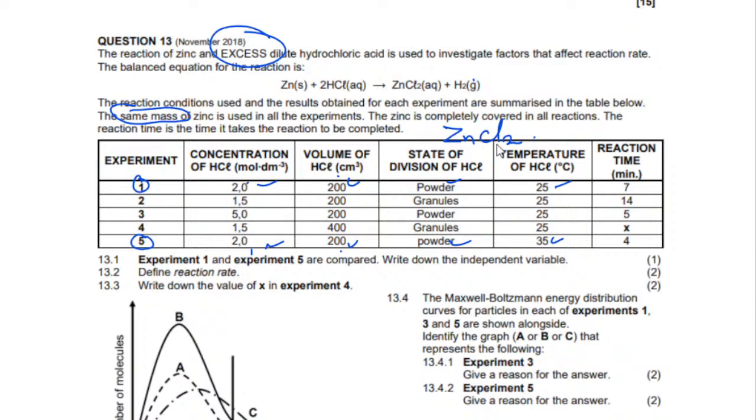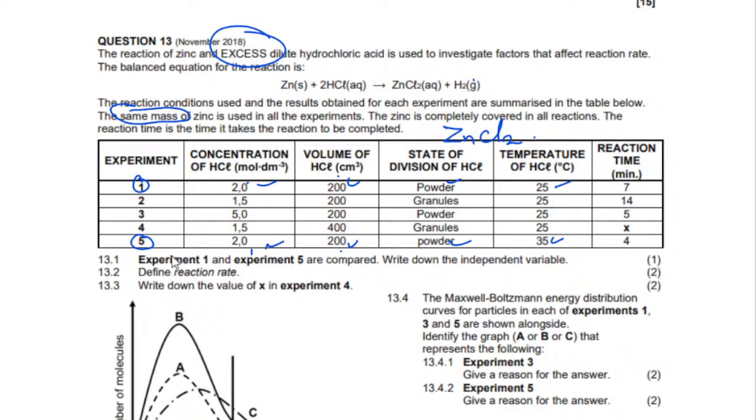The answer is not 10. The answer is temperature. They're saying define the rate of reaction: change in the concentration of reactant or product per unit time.